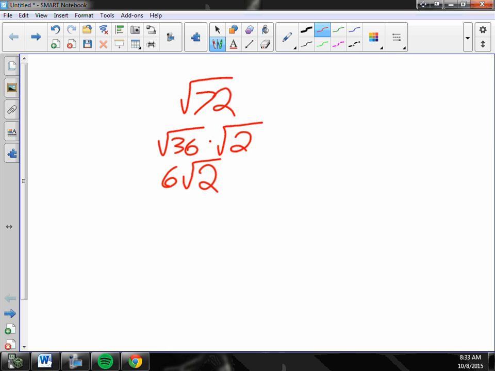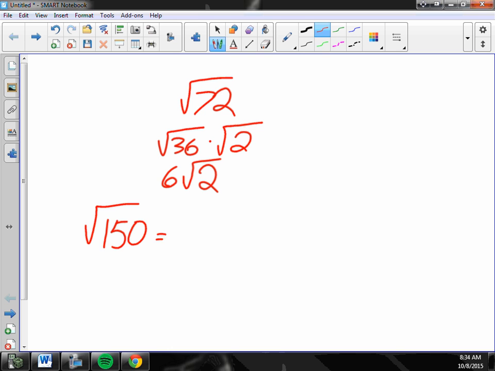Okay. So what if we had the square root of 150? Does that have any perfect squares inside of it? 75 is not a perfect square, but you're on the right track. 25. 25 times what is 150? How many quarters make $1.50? 6.